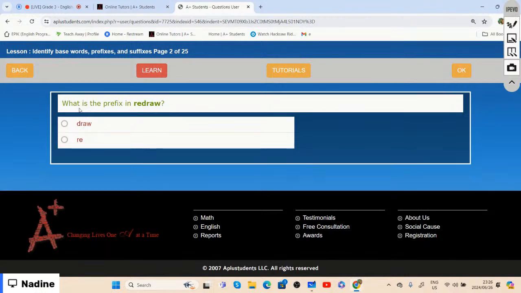What is the prefix in redraw? Redraw. The prefix, is it draw, or is it re? The prefix.